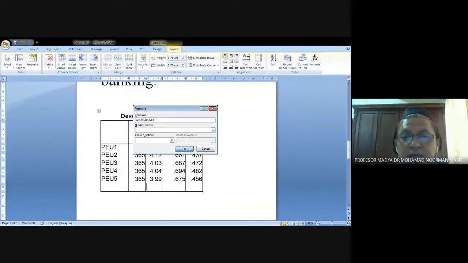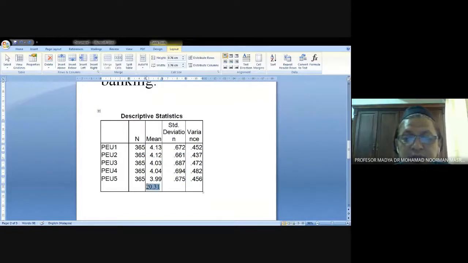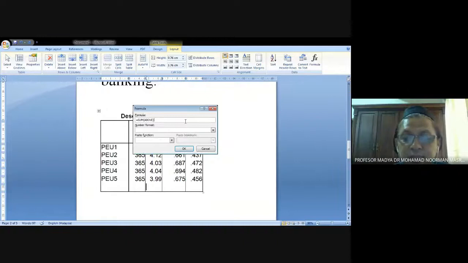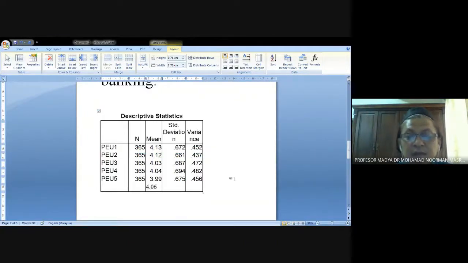Okay. So, sorry, this is the overall. Four point oh six. So 4.06 is basically above 3, because 3 is the middle value.